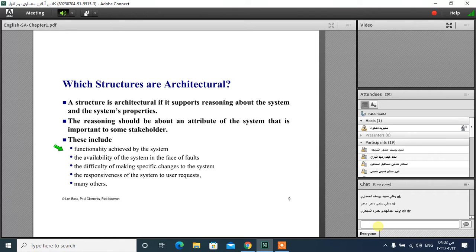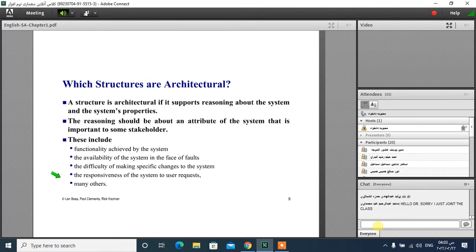These attributes can include the functionality of the system, the functionality that the system achieves and presents to the users, the availability of the system, especially whenever faults are present in the software, the difficulty of making specific changes to the system, the changeability of the system, the responsiveness of the system to user requests, and many other quality attributes that are important for different types of software systems.